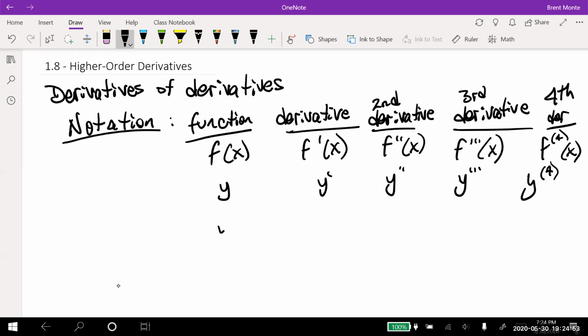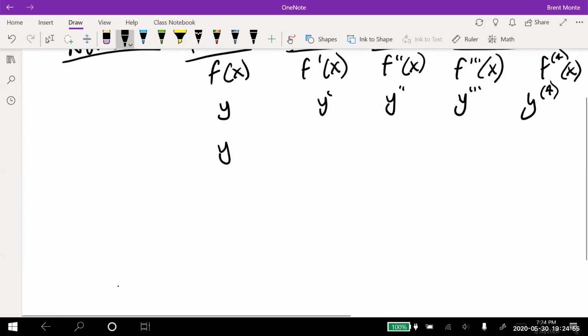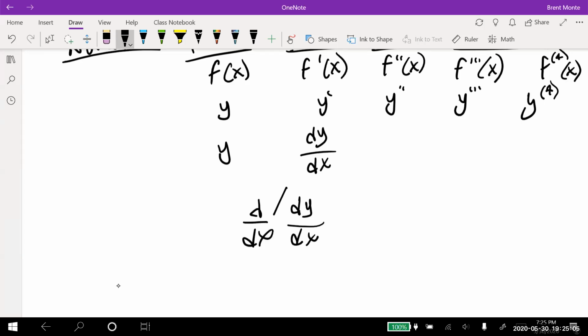But the other Leibniz notation, remember that's dy dx? Now for the second derivative, think what we're doing. We've got this dy dx, but we're taking the derivative again. So we don't have another y. We write it as d2y dx2. Now it's not that we're just squaring the x.